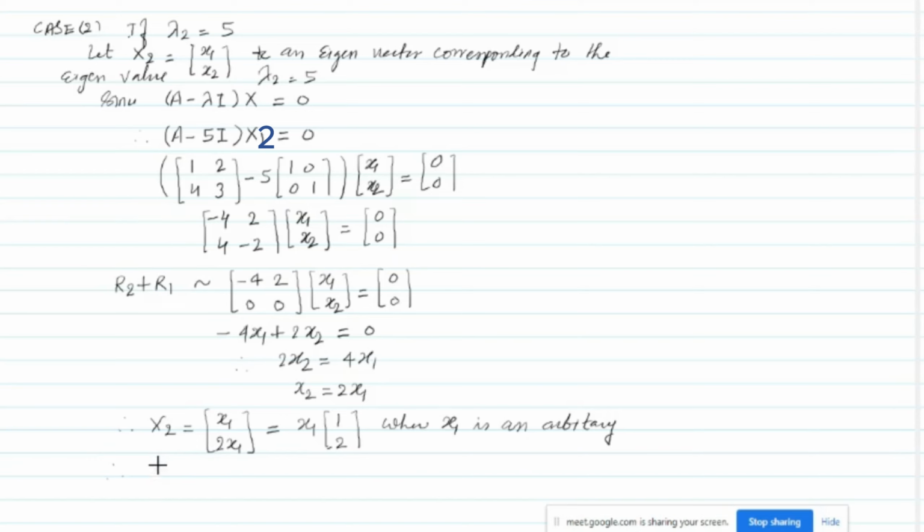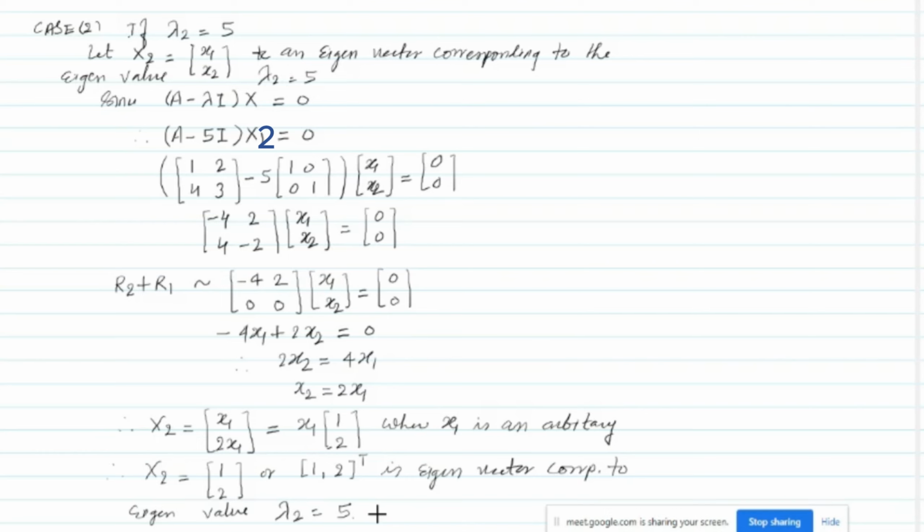So just write down, therefore x2 is equal to 1, 2, or you can say (1, 2) transpose, is an eigenvector corresponding to the eigenvalue lambda 2 equal to 5.